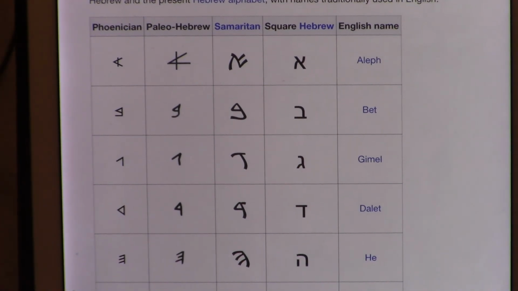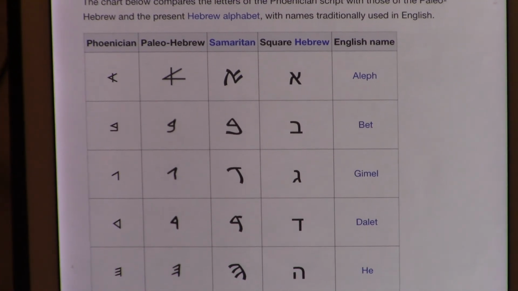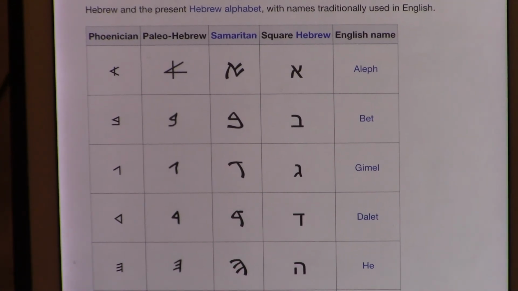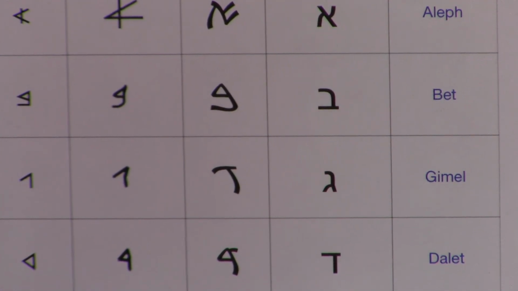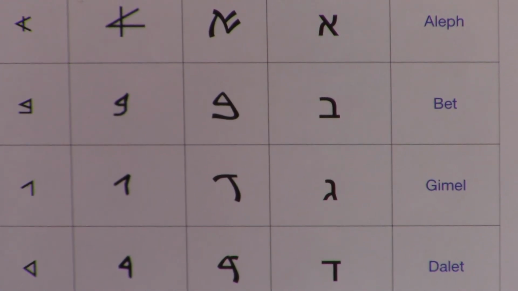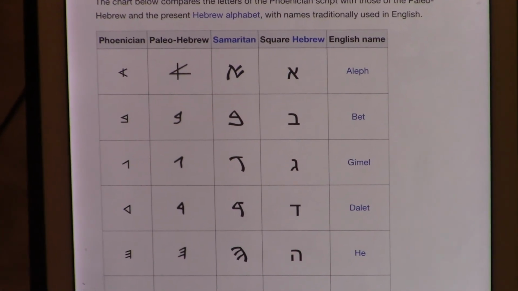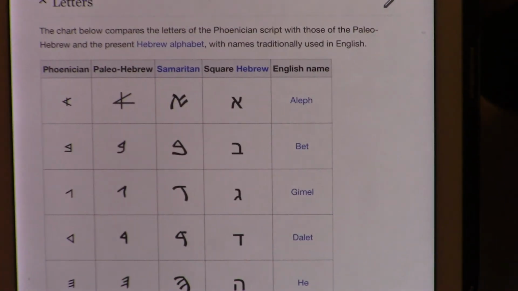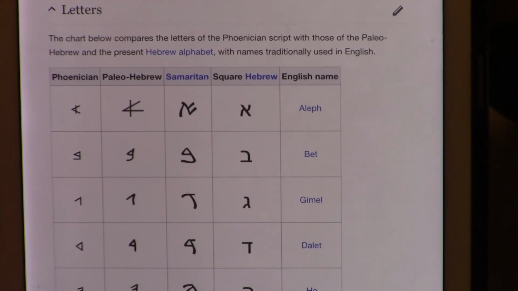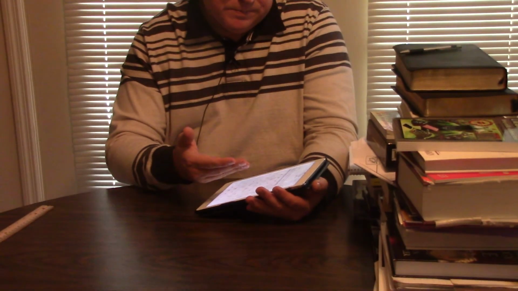The Hebrew word for camel is Gimel. So it's very obvious this is trying to communicate a camel's hump. And if you look at our C, it's very obvious that it's communicating a camel's hump when you write the letter C. And that would be gamma in Greek, if my memory serves me correctly.